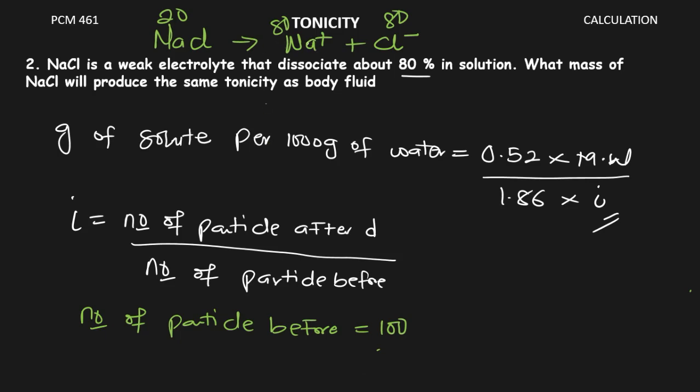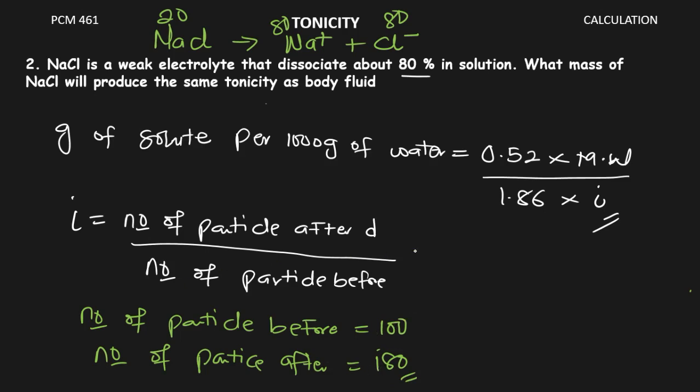So the total will be 80 plus 80 plus 20. 80 plus 80 is 160, and 160 plus 20 is 180. So the number of particles after dissociation will be 180. Do you understand that? So that was how they were getting those 180 you can see in the material.